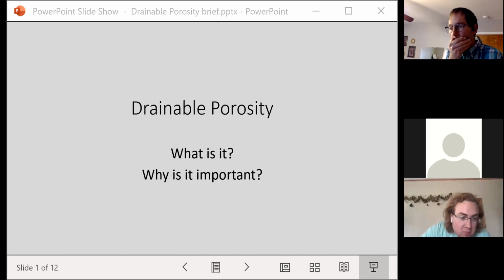Well, with that, let me talk about drainable porosity a little bit. I've gotten questions about it. It's difficult to find a table on it that tells you what's there.